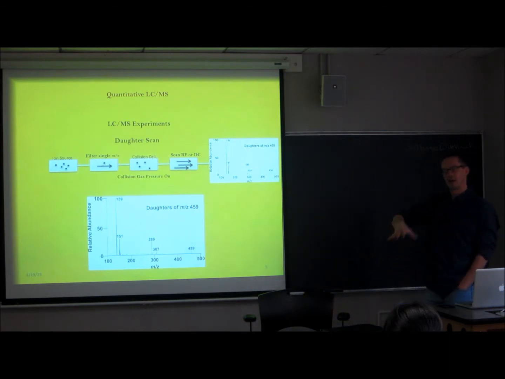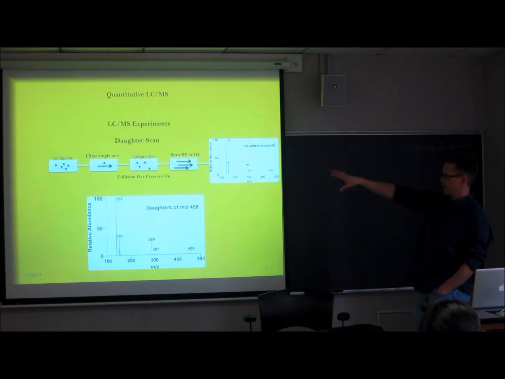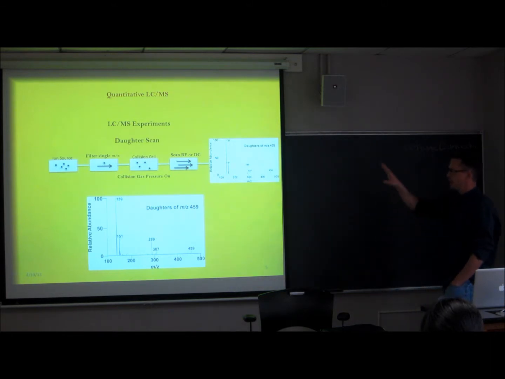Once we're observing that and we've tuned the mass spec to maximize the intensity of that parent ion to maximize our sensitivity, we can now do a daughter scan to identify specific fragments that are unique to that parent compound or precursor compound. That's called a daughter scan.